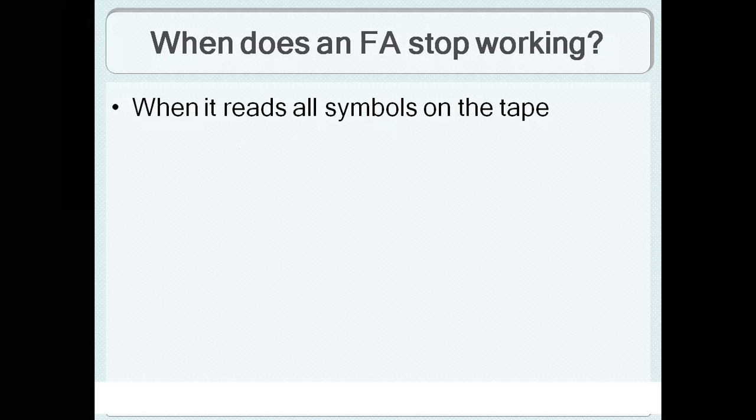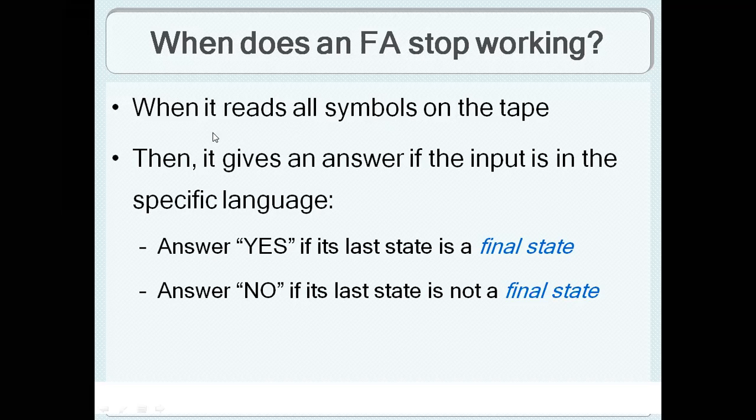At that time the finite automata stops working, and then it gives an answer if the input is in the specific language.